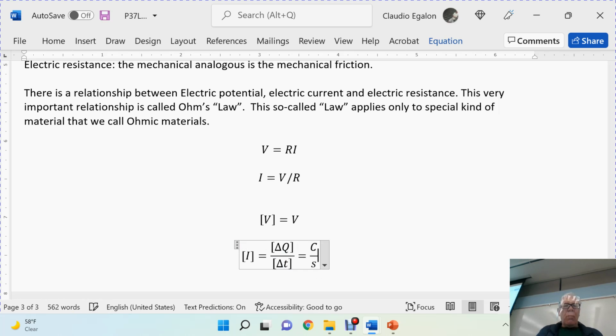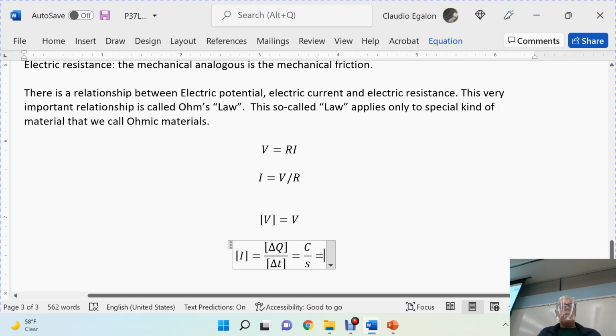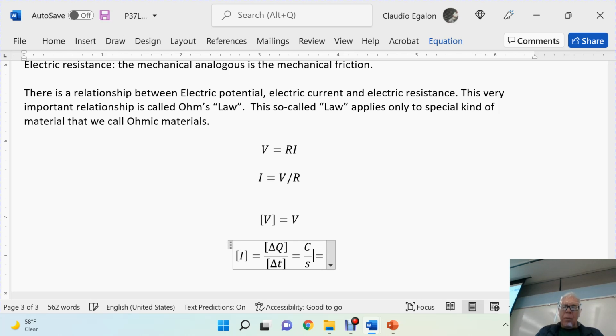It's easier to measure an electric current than to measure an electric charge. So the unit of electric current is the unit of delta Q divided by the unit of delta T, which is coulombs per second, and this coulombs per second, we give it a name, we call it the ampere, and abbreviate it by the letter A.